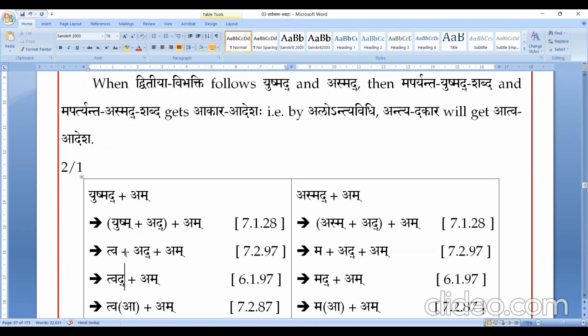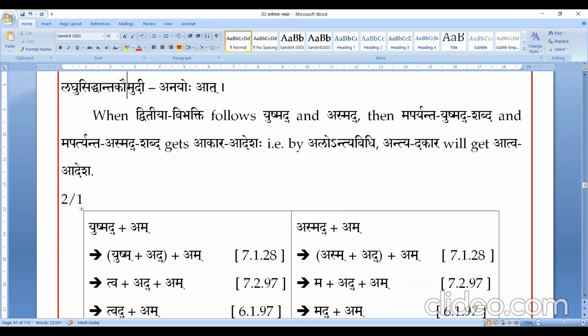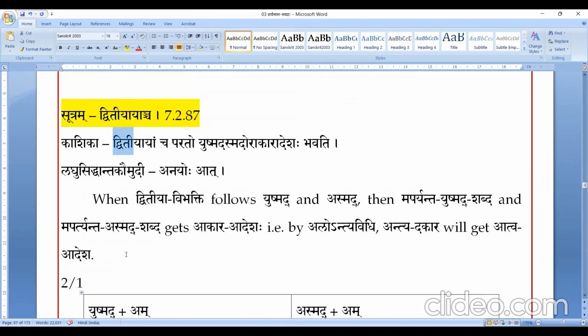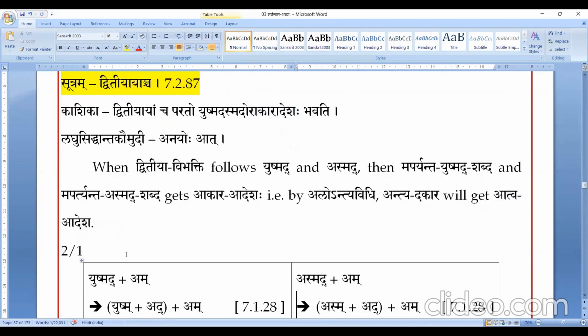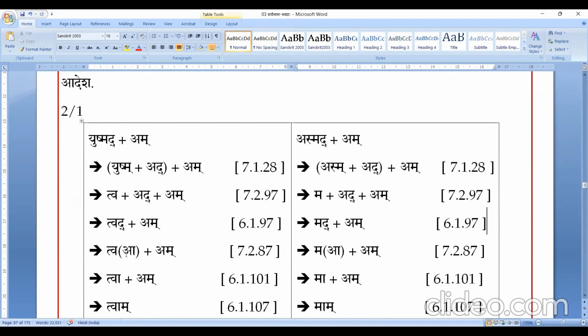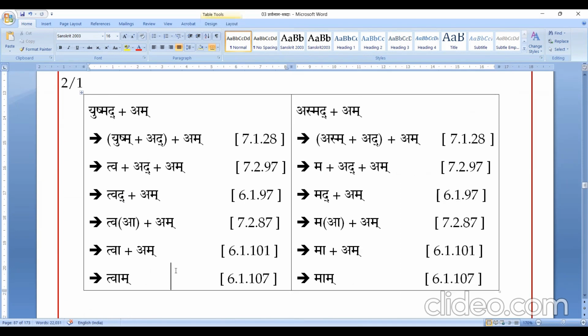Now by the sutra 7.2.87, dvitiyayam cha parataha yushmadasmadoho akara adesha bhavati. By general paribhasha alontyasya, dakarasya sthane akara adesha. Therefore we can apply akaha savarne dirgha, tva plus ma plus am. Therefore we have the form tvam and mam.